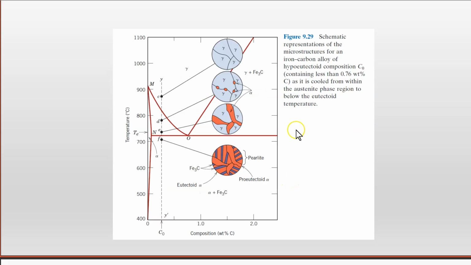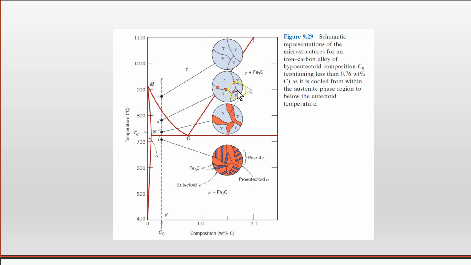Now let's look at what we call a hypo-eutectoid steel composition, where the carbon composition is less than that of a eutectoid steel. At high temperature, the material is completely in the gamma phase. As we cool down and hit this phase boundary, we start the precipitation of alpha within the gamma.